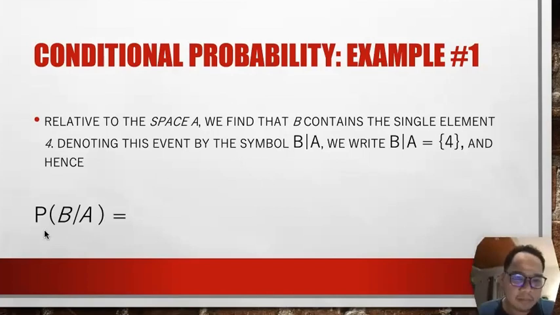We write B given A is only 4 because there's only one perfect square in that reduced sample space 4, 5, 6. And hence, the probability of B given A, since there's only one, is 1 over 3.